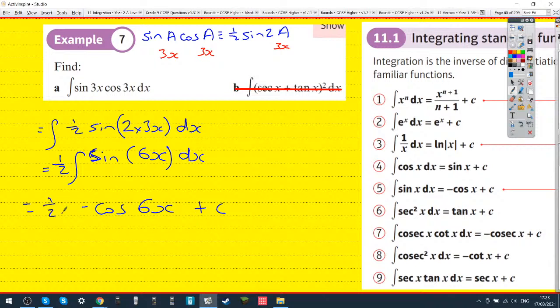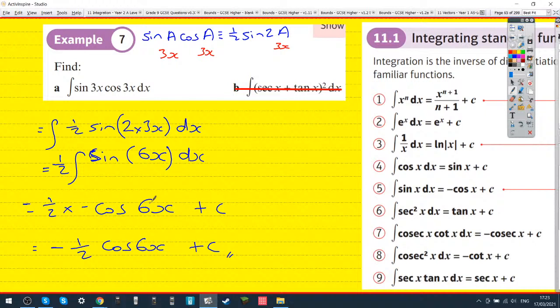And so fully simplify. Do you do a half times the minus 6? It is just minus a half cos 6x plus c.